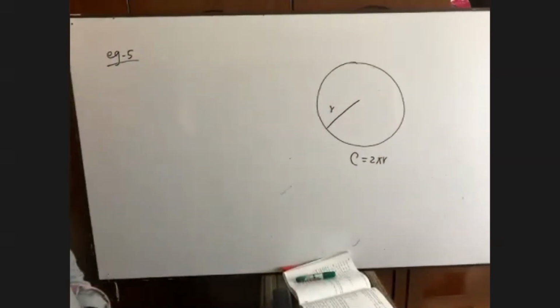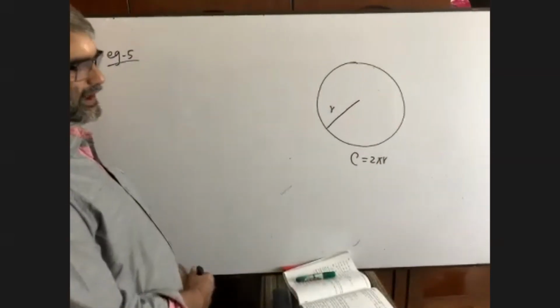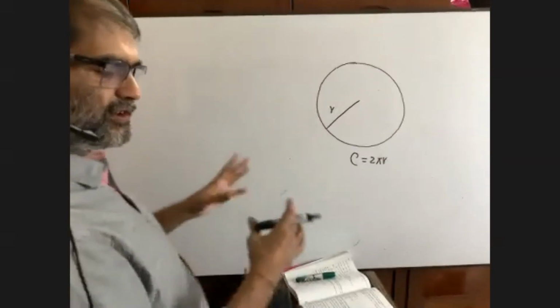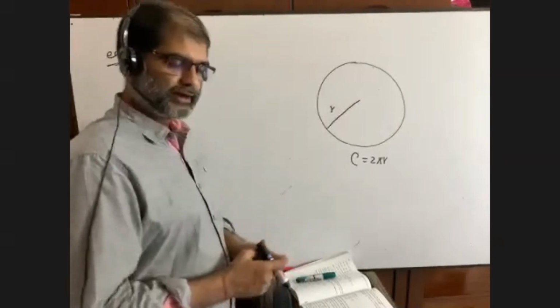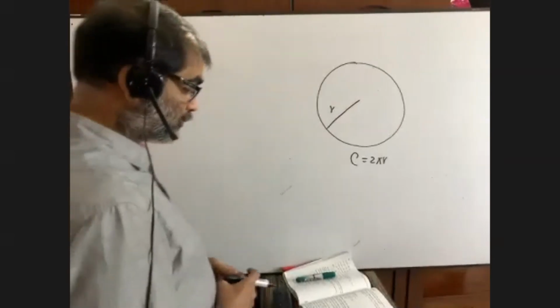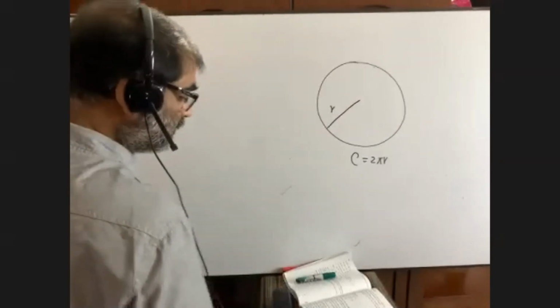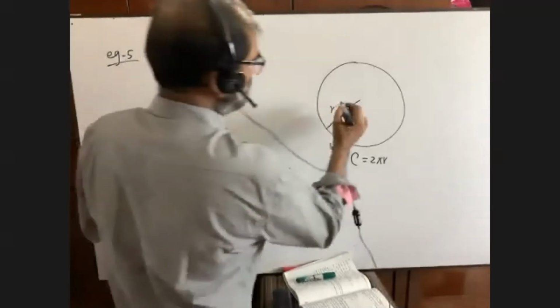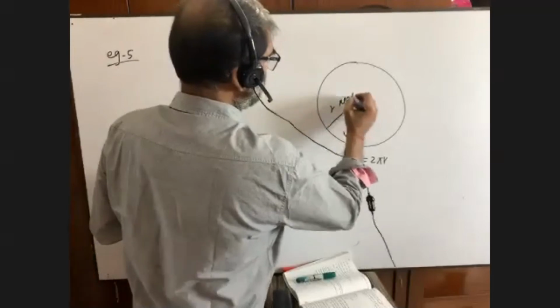Right. So when it revolves one time, it travels a distance equal to its circumference, right? So total distance is given 1.75 kilometer. Let the radius be R meter.